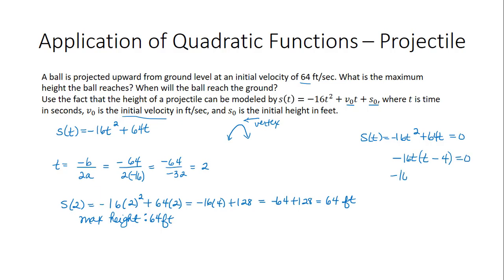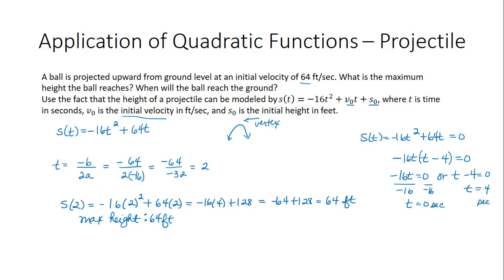So setting these factors equal to 0, we get negative 16t equals 0, or t minus 4 is equal to 0. Divided by negative 16, we get t is equal to 0. Or adding 4, we get t is equal to 4. So 0, remember these are seconds, 0 seconds and 4 seconds.